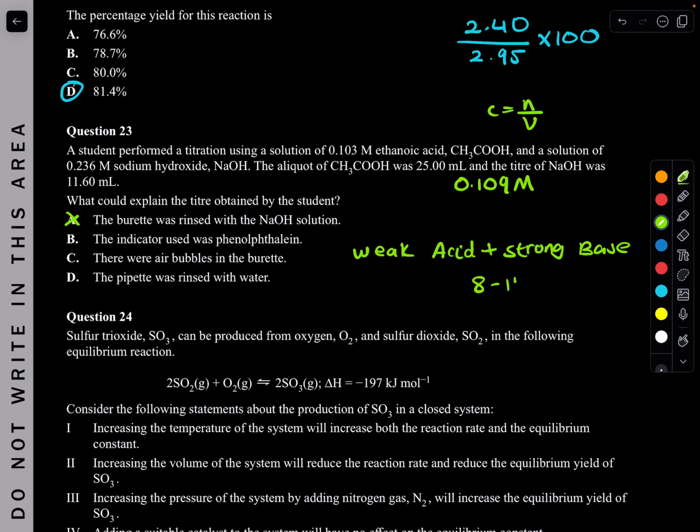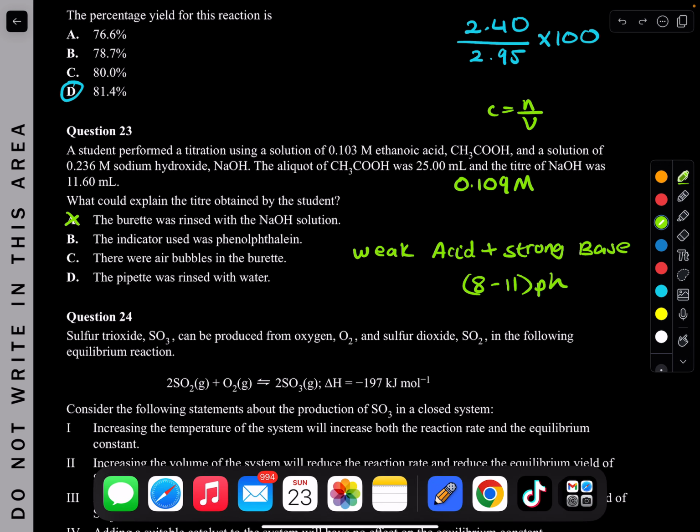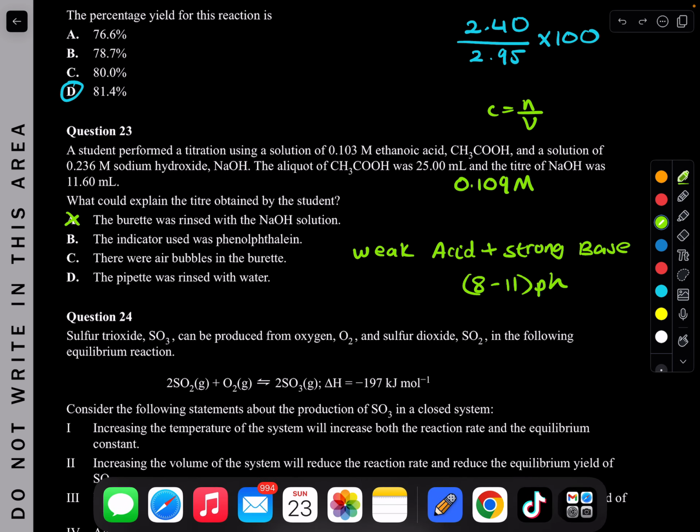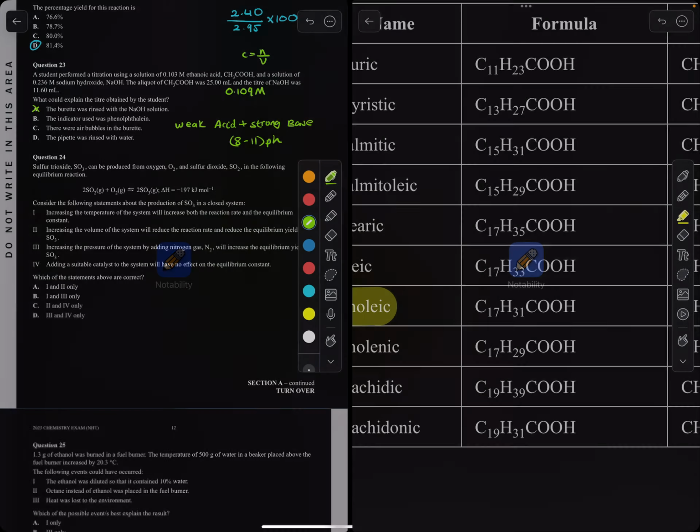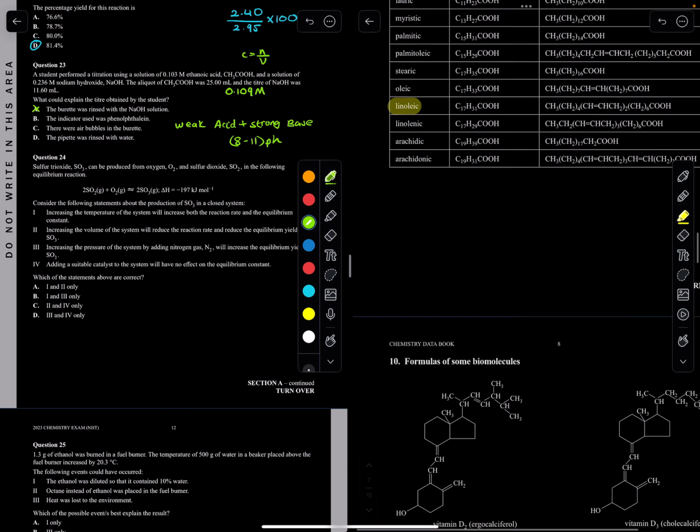A pH of 8 to 11 is the range of the indicator that should be used, because we have a weak acid, which is around pH 5 to 6, and if you're reacting with a strong base, which is around pH 14, you should get around 8 to 11 overall. So let's check if phenolphthalein is in that range, because if it is, it makes sense that we should use it.